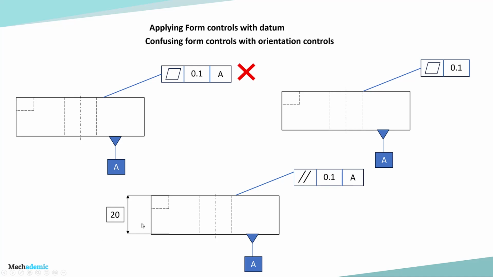And along with that, a basic dimension has to be mentioned and the datum has to be mentioned over here. If we want to control the flatness of the top surface, along with its parallelism with respect to datum A, then the geometric tolerance value for flatness should be lesser than the value of parallelism. It should be a refinement. It should not be the same.